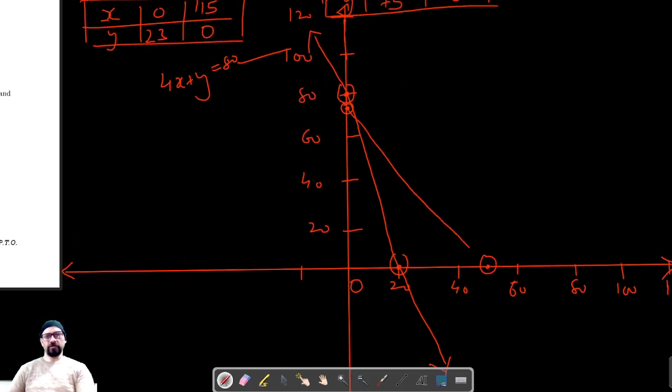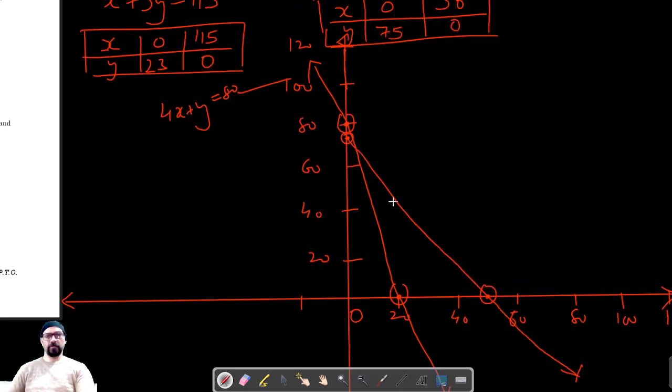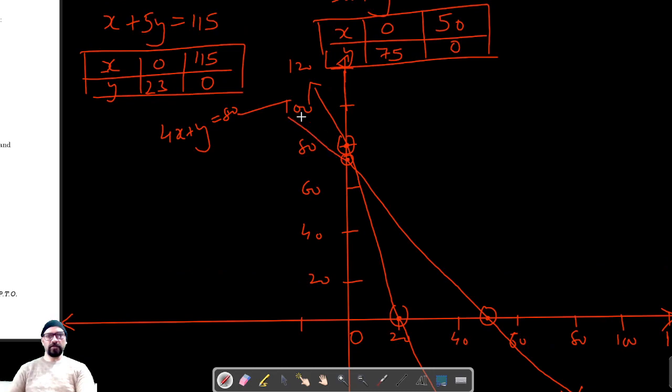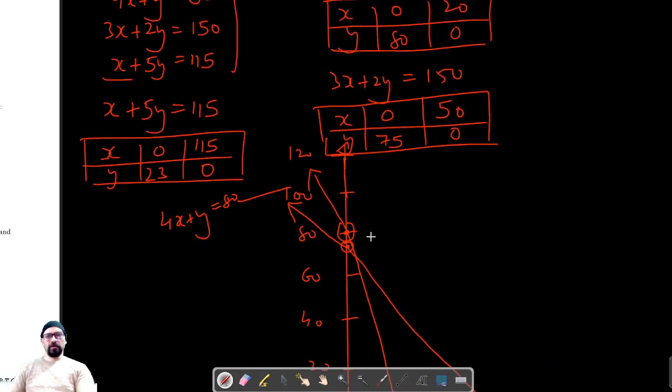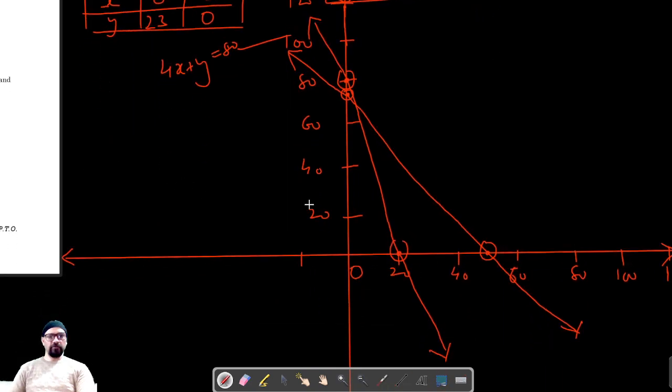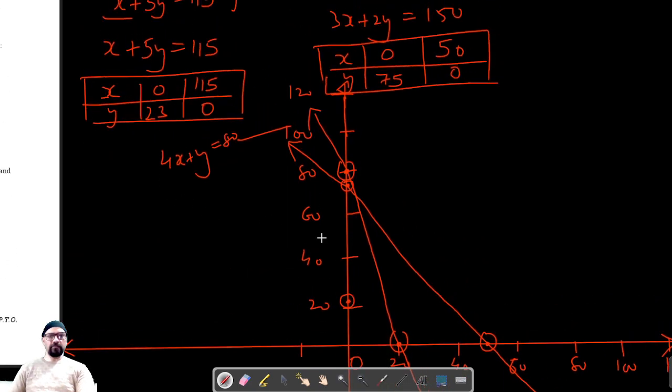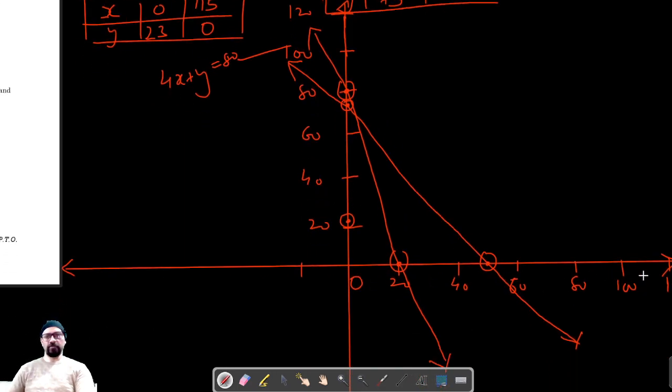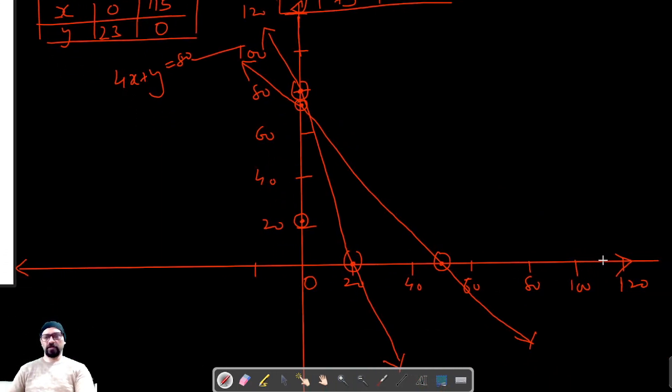If I join them, this would be the graph. Now another one is 0, 23, which is somewhere here, and 115, 0 would be here. If I join them, this is the graph.